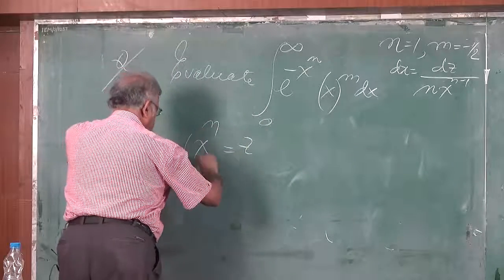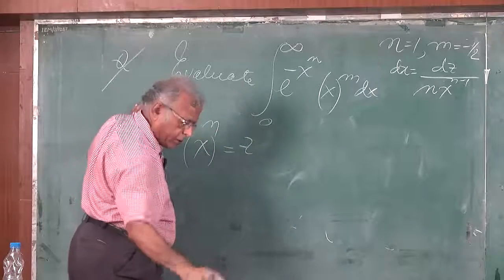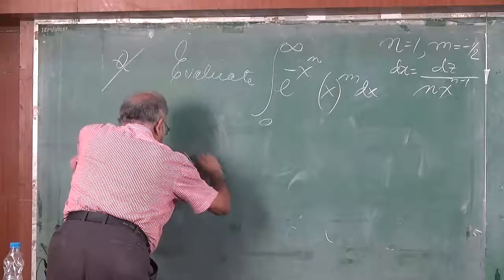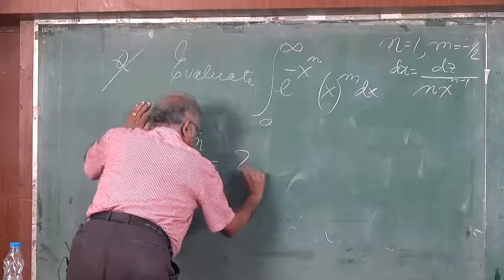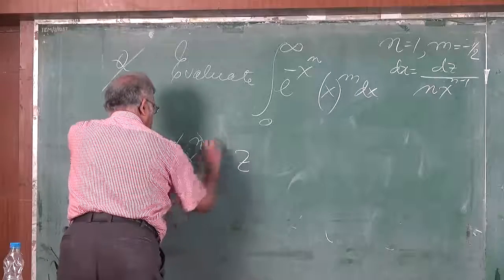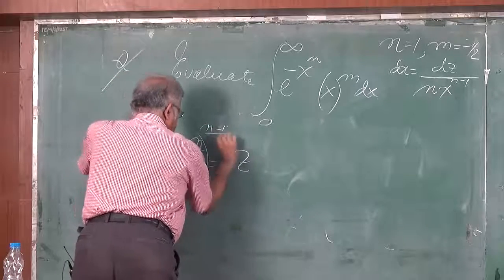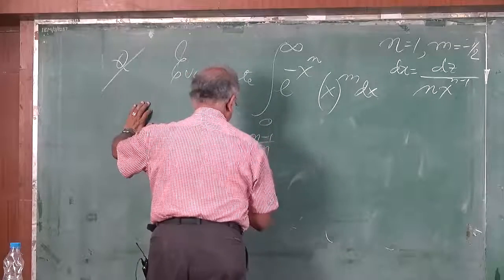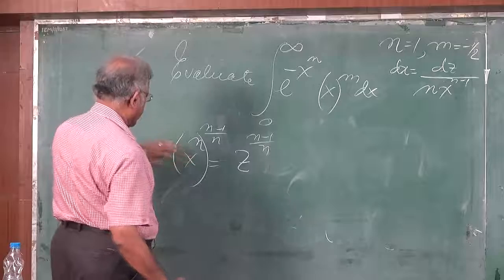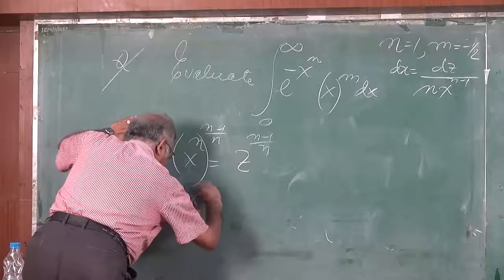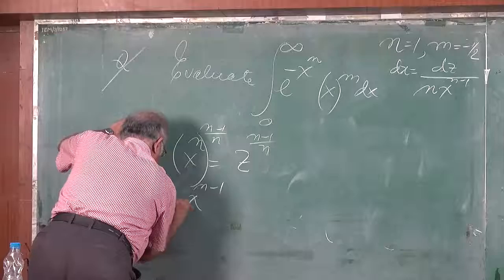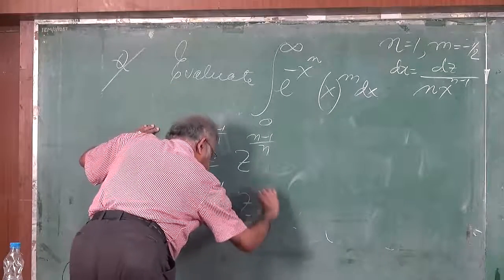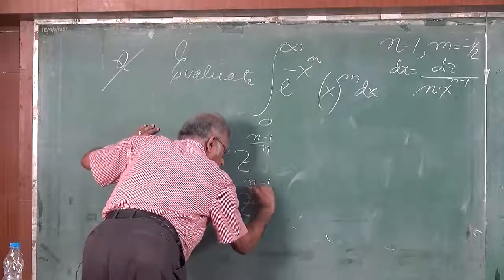So, x to the power of n is z. Raise this whole thing to the power of n minus 1 over n to get z to the power of n minus 1 over n. And on the left hand side, this is nothing but x to the power of n minus 1 is equal to z to the power of n minus 1 over n.